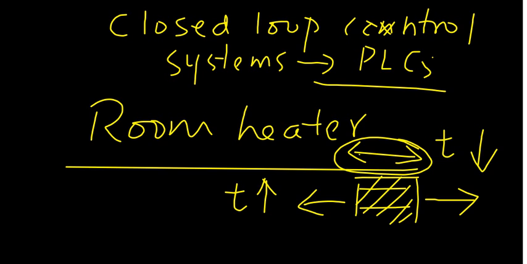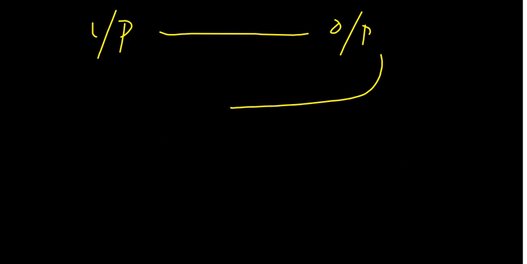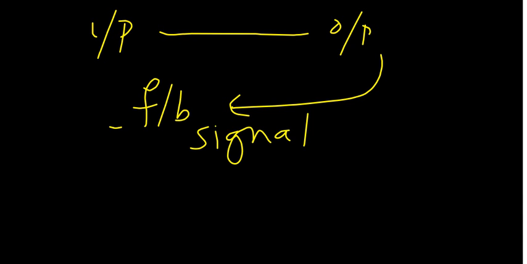But whenever you want the machines to do all these things, you must have some mechanisms developed so that you make use of a closed loop system, wherein you generally deal with input, output, and feedback signal, right? So this feedback signal generally creates what you call the error signal.